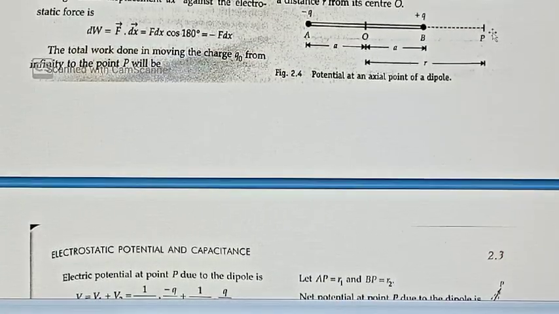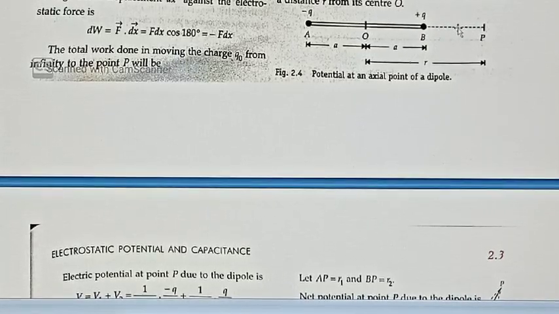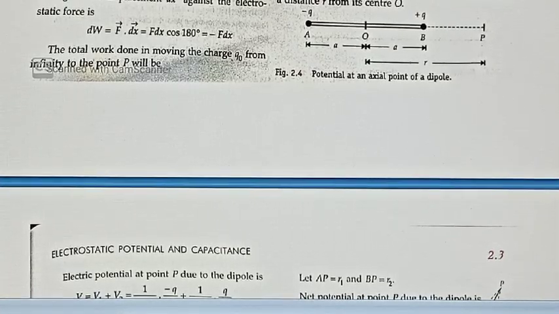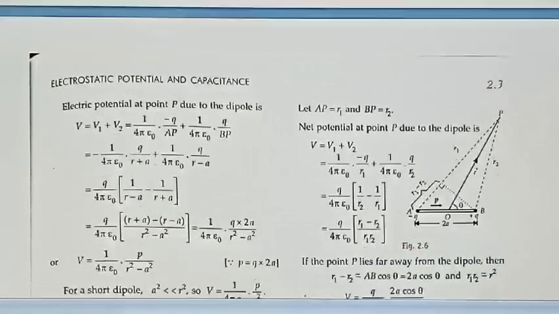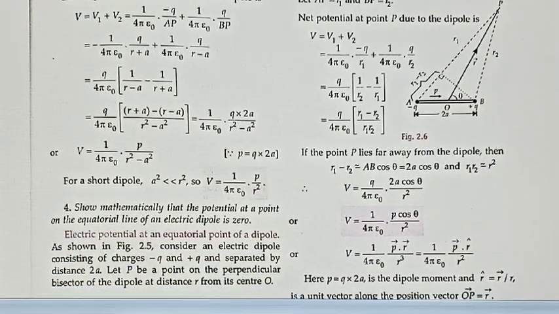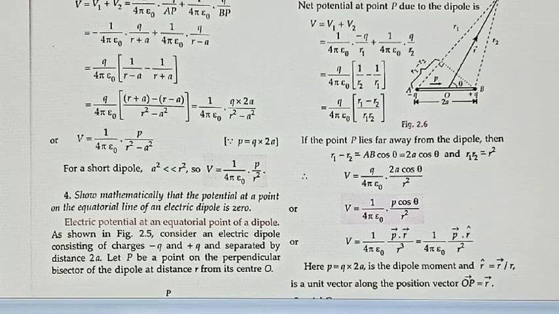You see this point P is considered here. Now the angle between the direction of the dipole moment and this axis is 0. Now if you go for any other angle, you have to have a general expression.